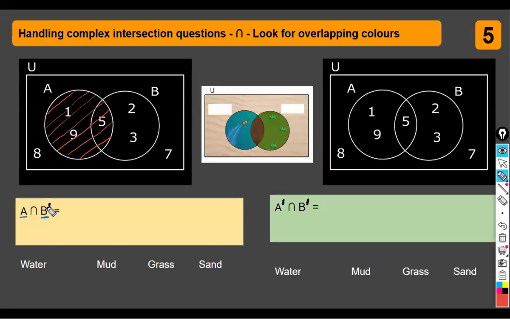Now we have to shade who is not B. Who is not B? I'll use blue. Isn't this the B circle here? Well, then not B is every single thing outside that circle.